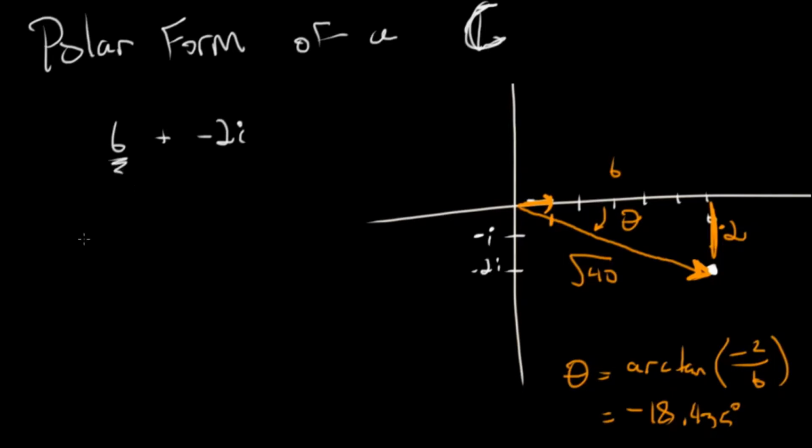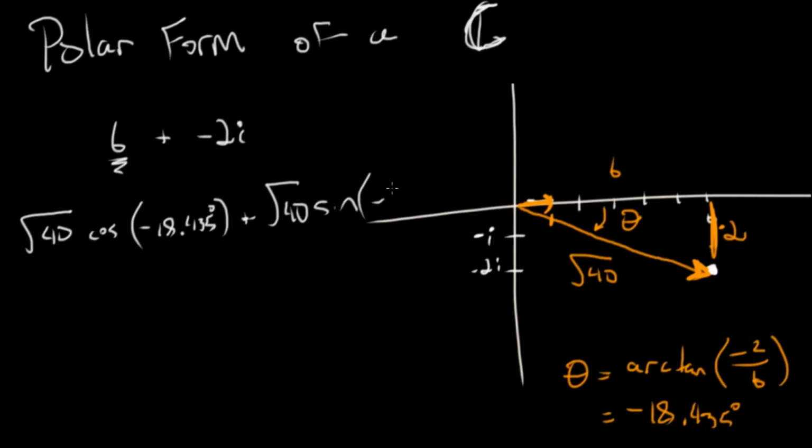We can write 6 as the square root of 40 times the cosine of negative 18.435 degrees. And we can write negative 2 as the square root of 40 times the sine of negative 18.435 degrees.